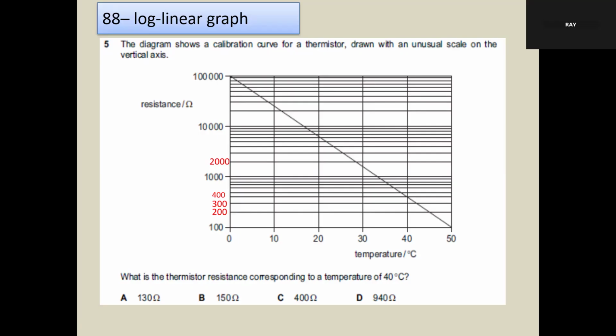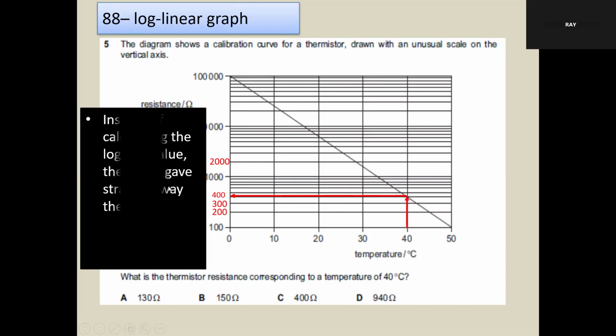That's why the scale is non-linear. 40 degrees. This 100, this 200, 300, 400. Okay or not?